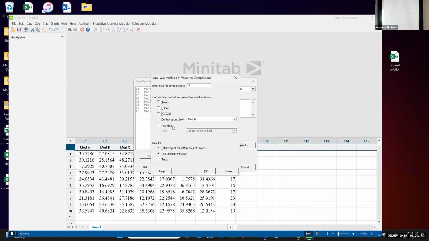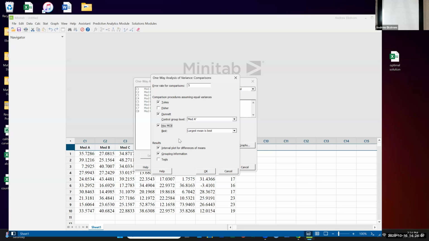And with Hsu's test, it's comparing everything against the best, whatever that means. So if you happen to be working in, say, HR, and you have a bunch of people taking different types of training, you can compare all the different groups to whatever seems to have the best results, okay? So we're going to look at these 3.